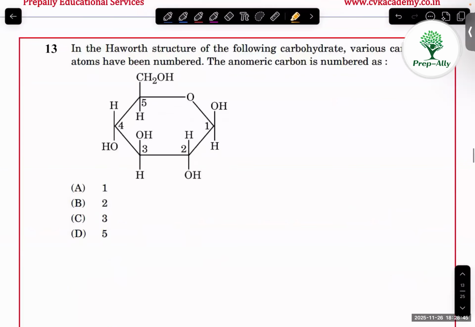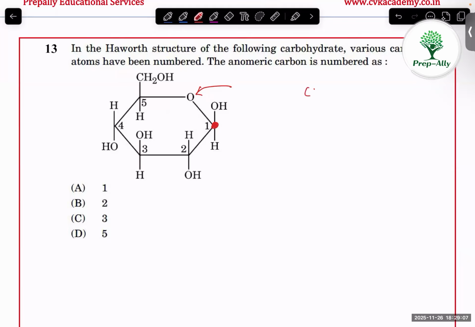Now this question: in the Haworth structure of the following carbohydrate, various carbon atoms have been numbered. Anomeric carbon is always the carbon directly bonded to this oxygen. This oxygen is basically part of the ring.